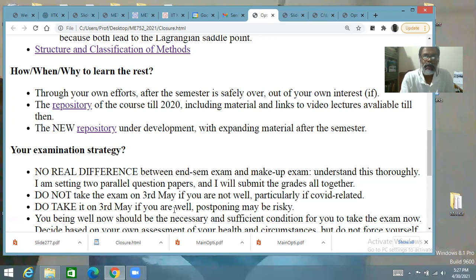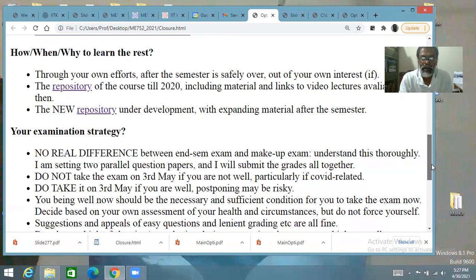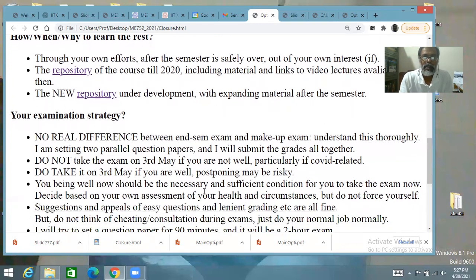Now, in terms of this course, you could say that you being well now should be considered as a necessary and sufficient condition to take the exam now. So decide based on your own assessment of your health and circumstances.